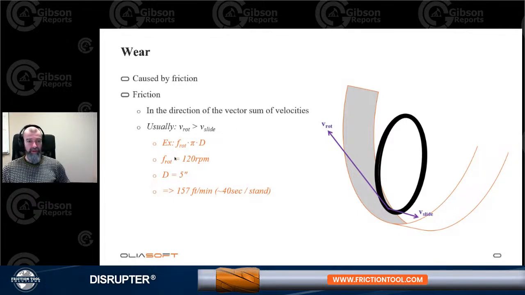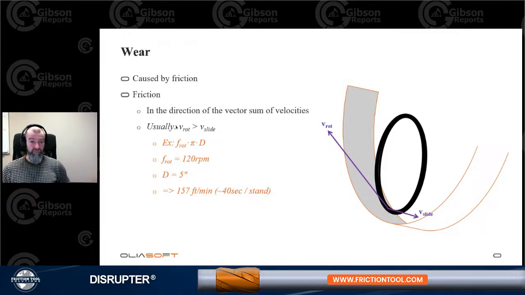If we do this example with a 5-inch drill pipe rotating at 120 RPM, that would correspond to a velocity of the outer diameter of 157 feet per minute. That would basically be the same as sliding in a full stand in 40 seconds, which is quite fast.